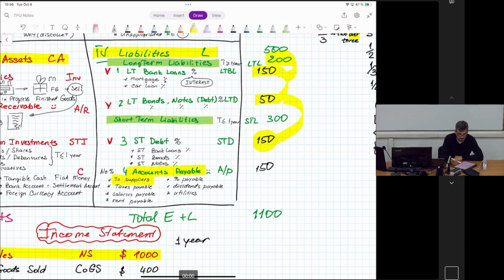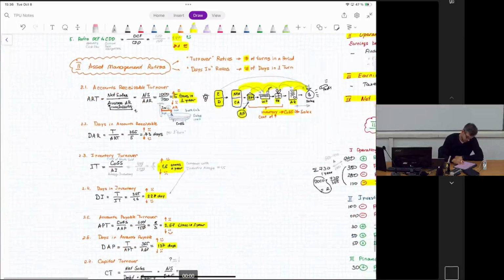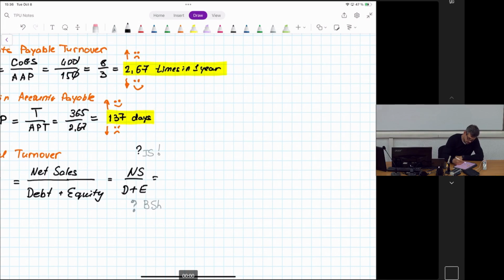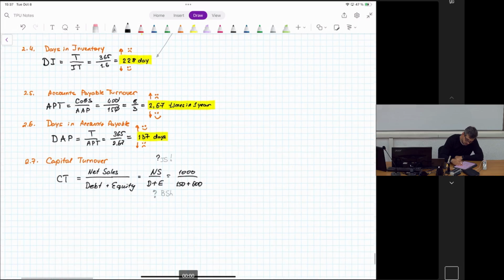150, 50, and 150. So how much is it going to be? Practice math. 150 plus 50 plus 150 is 350. So let us put it in our calculation. Net sales is 1,000, divided by debt, 350, plus equity, 600.